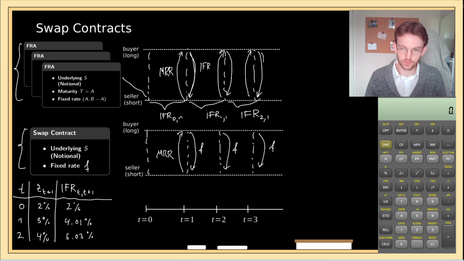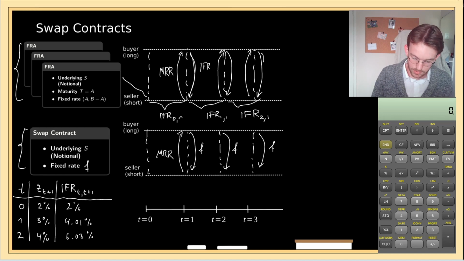So the way to determine what is an appropriate fixed rate for the swap contract is by comparing the time value of the series of forward rate agreements to the time value of the swap contract. And so if the principal value is 100, then the time value of the first payment is 2% over 1.02.